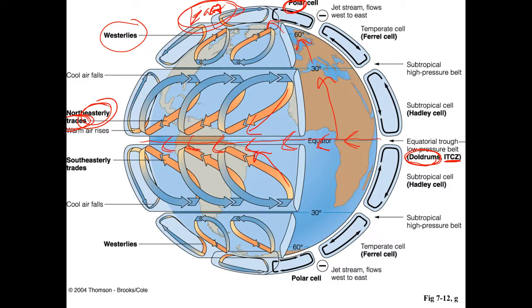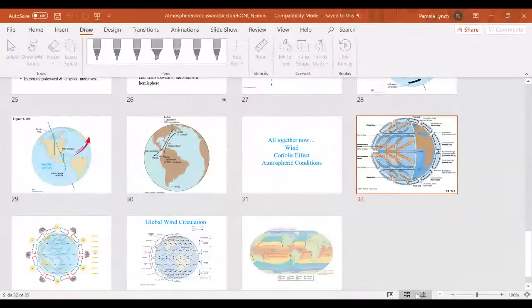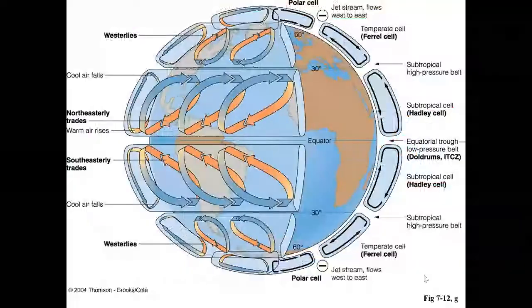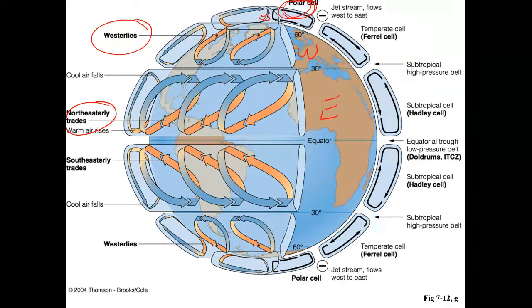More importantly, because this is the northern hemisphere, we're going to call those the north trade winds, or the northeasterly trade winds, the northwesterlies, and the north polar easterlies. So again, east, west, east, but of the northern hemisphere.